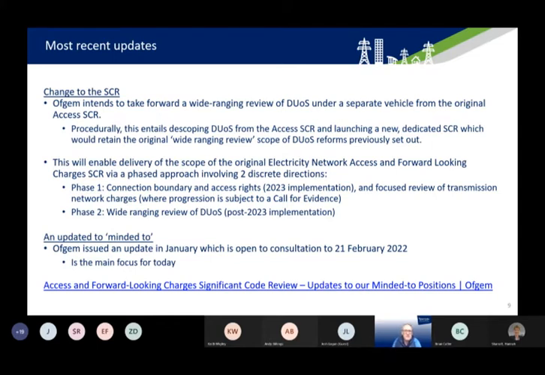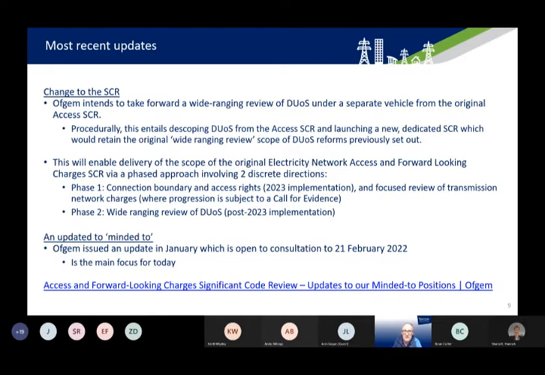The second bit, which is the point of today, really, is Ofgem have updated their Minded-to position since the June position that they published last year. That I think takes account of a lot of feedback they've had from stakeholders, and as I say, today is mainly focusing on that, and in part, drawing your attention to it because that's a live consultation.